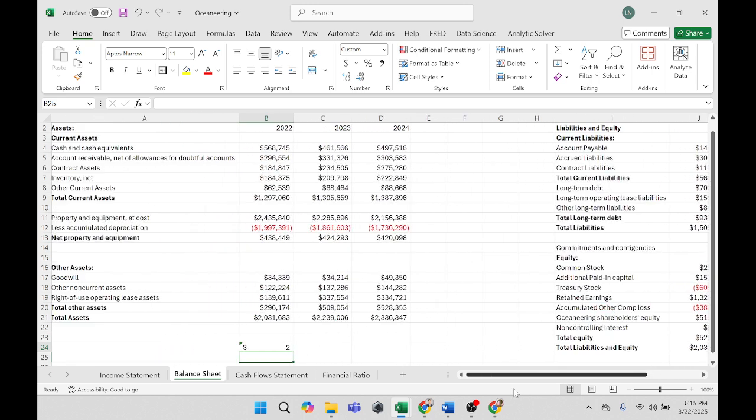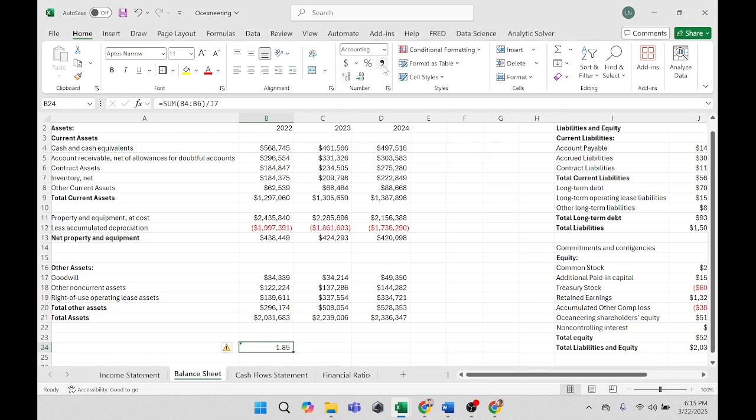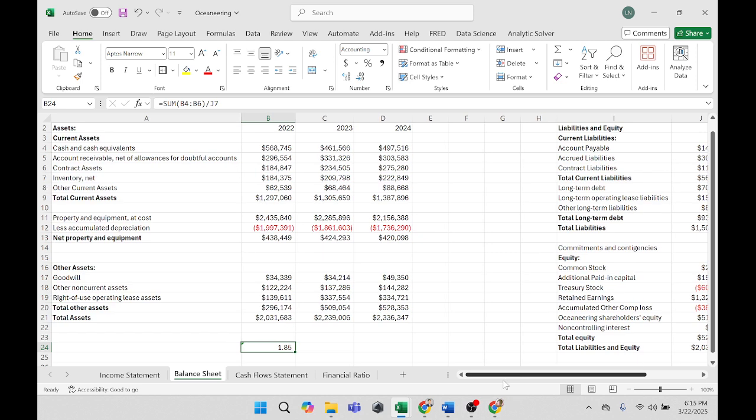All right, so you see this shouldn't be in dollar sign, but it's 1.85, which means that we have, but I leave the interpretation for you guys, right? It just means that we have more cash than liability.